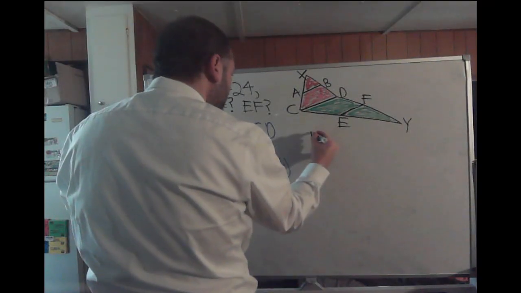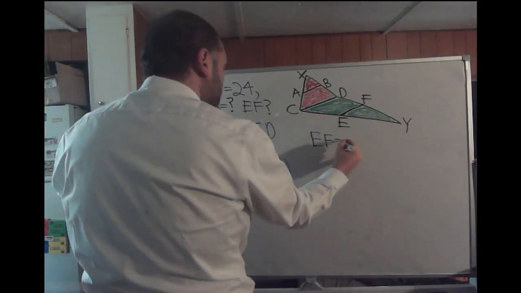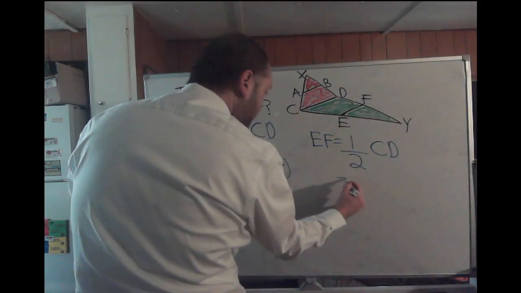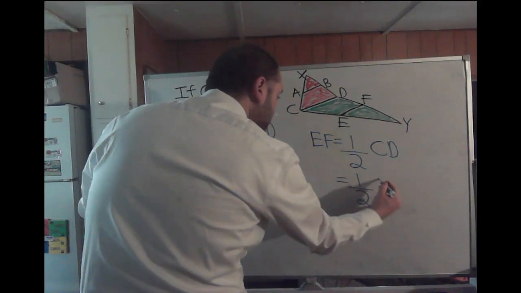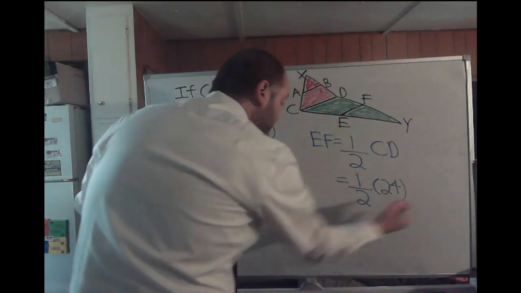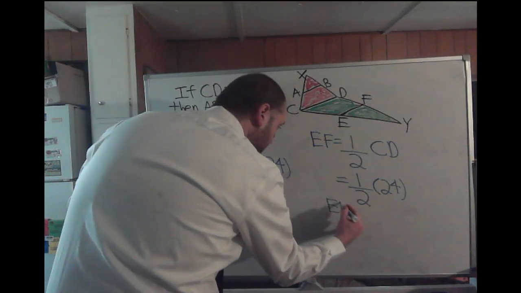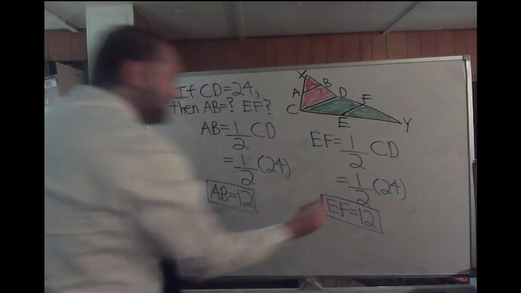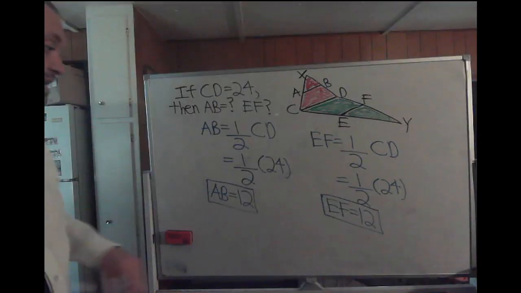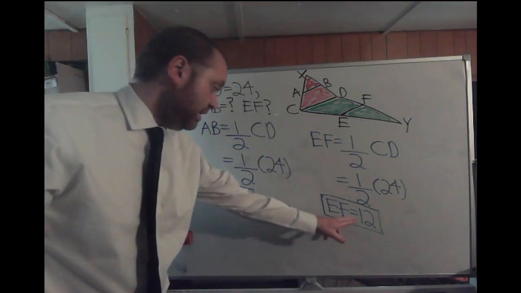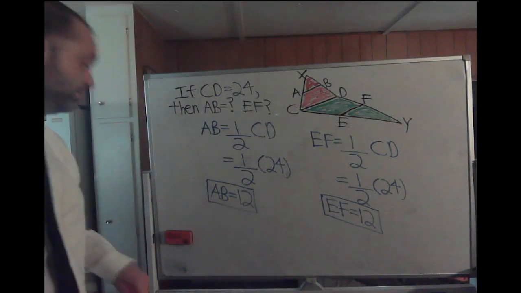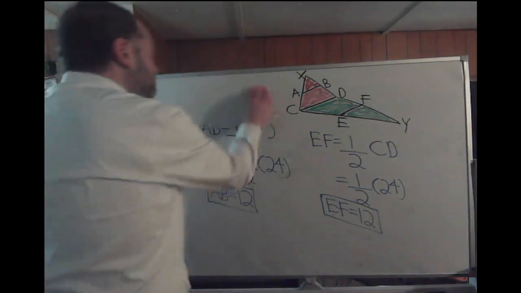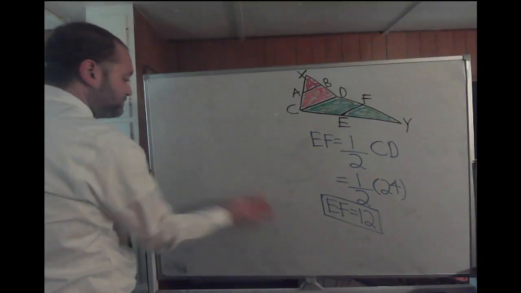So EF is also equal to 1/2 of CD, which means it's equal to half of 24, which means EF would have to equal 12. So the answer is that EF and AB both equal 12. That wasn't so bad. Move on to the next exercise.